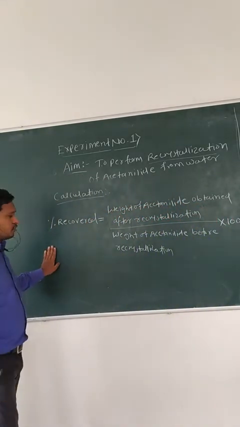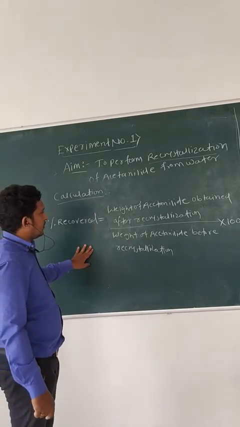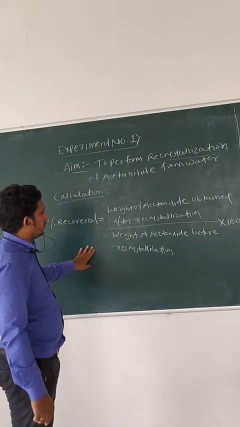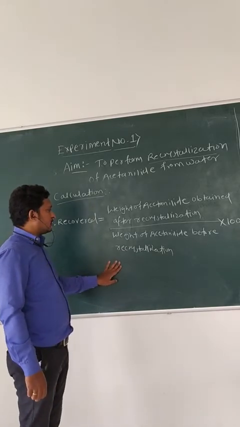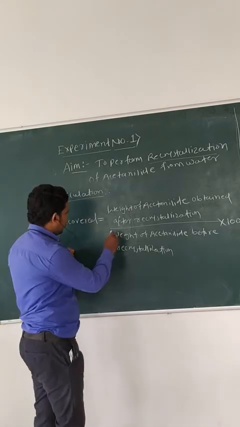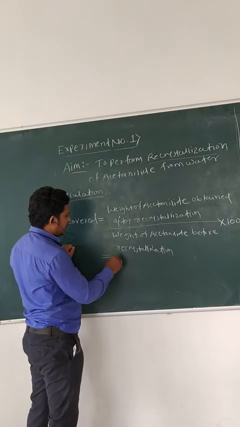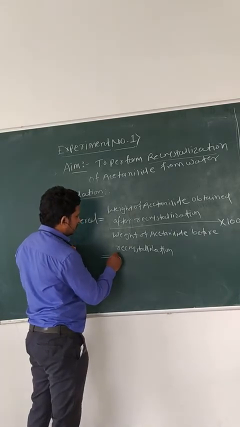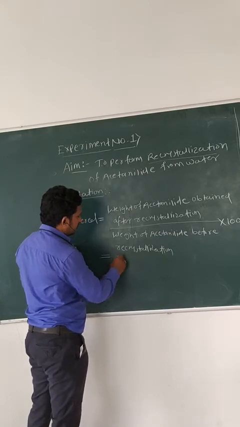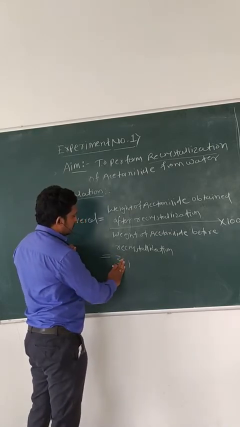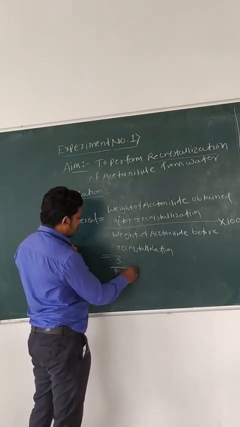So look at the formula. Percent recovery is equal to weight of acetanilide obtained after recrystallization upon weight of acetanilide before recrystallization. Suppose the weight you get after recrystallization of acetanilide is about 3 gram, and before recrystallization it is 4 gram, into 100.